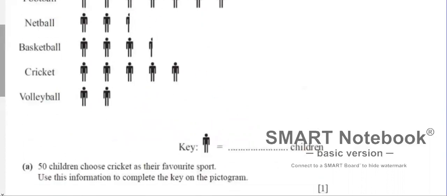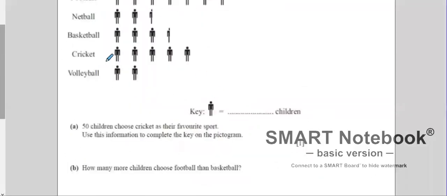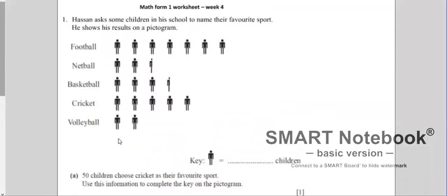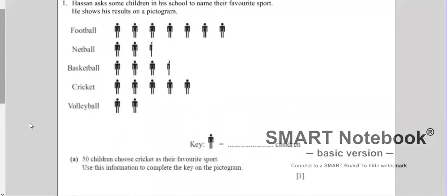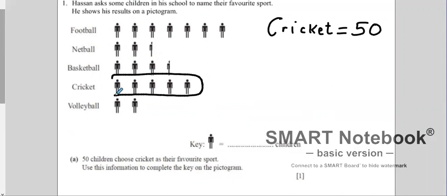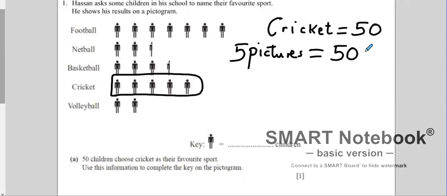So 50 children choose cricket. Cricket has been chosen by 50 children. If you check closely, for cricket we have 1, 2, 3, 4, 5 pictures. So 5 pictures represent 50 children.